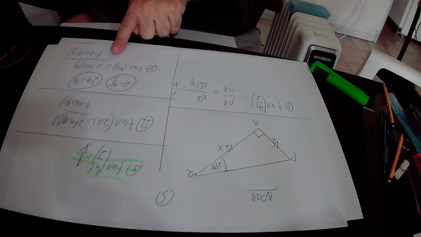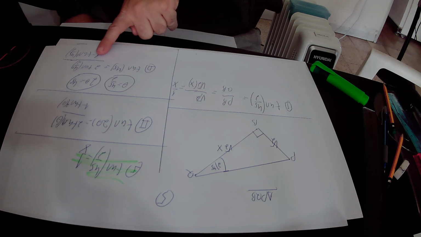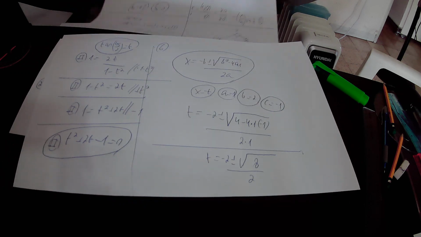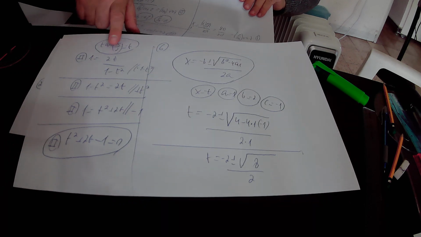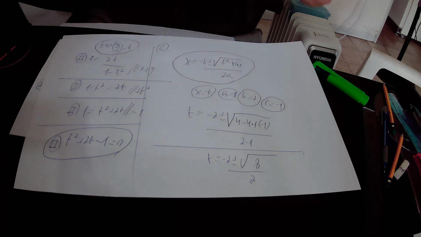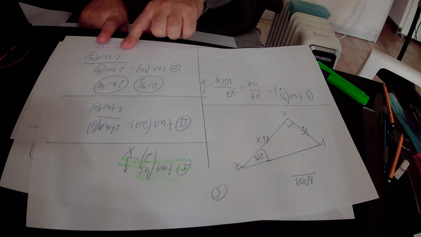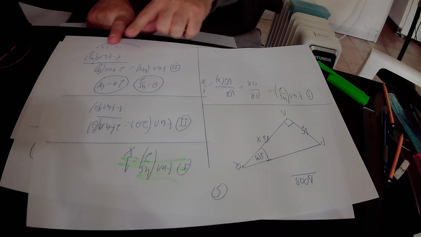So in the numerator we have 2 times tangent 45 degrees over 2, so it is 2t. In the denominator we have 1 minus tangent square 45 over 2 degrees. If tangent 45 over 2 is t, then tangent square 45 degrees over 2 will be t square.